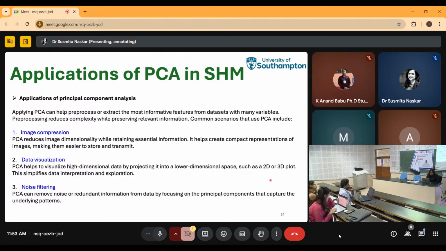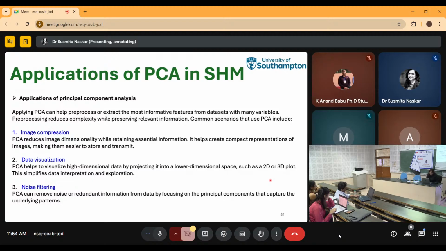They store a handful of principal components instead of all pixels, which reduces the size while keeping the visual details. In the SHM analogy, it compresses thermal or IR images of the structure or a camera-based crack map, speeding up storage and transmission without losing the exact critical damage details.